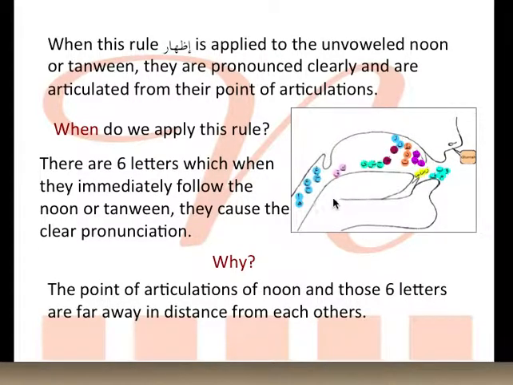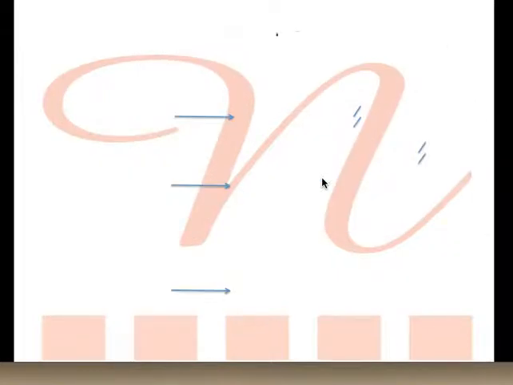However, the points of articulation of those 6 letters, the throat letters, are very far away from the tip of the tongue. That's why we call them throat letters, and because of this long distance, we have to apply the clear rule. It means we have to read the noon and tanween clearly.